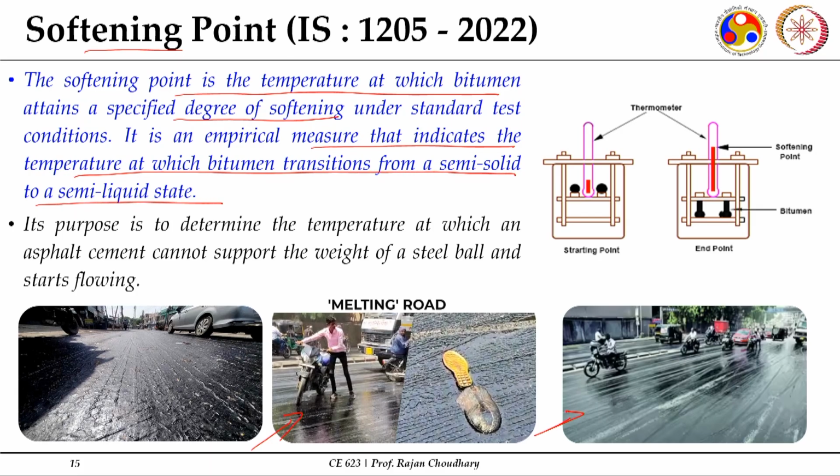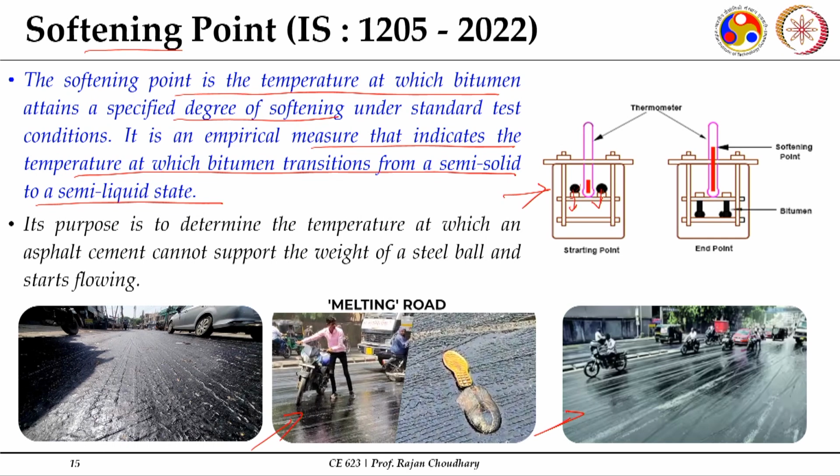Under this test, I will prepare some rings with a binder sample, and over that a small ball will be placed, and in this particular cylindrical measure, it will be submerged in water. I will raise the temperature, and I will see when, under the weight of this ball, the binder in the ring moves down.